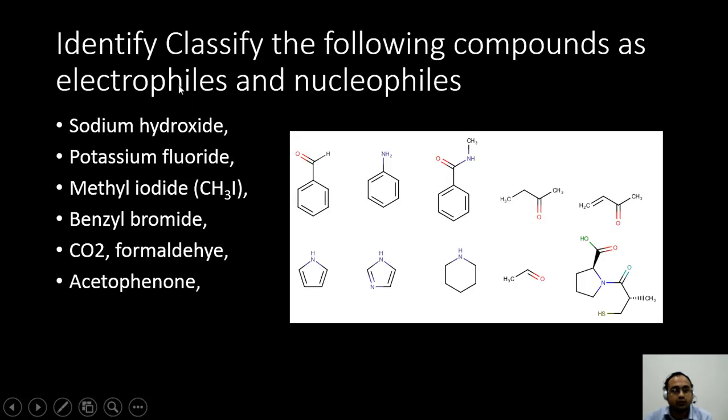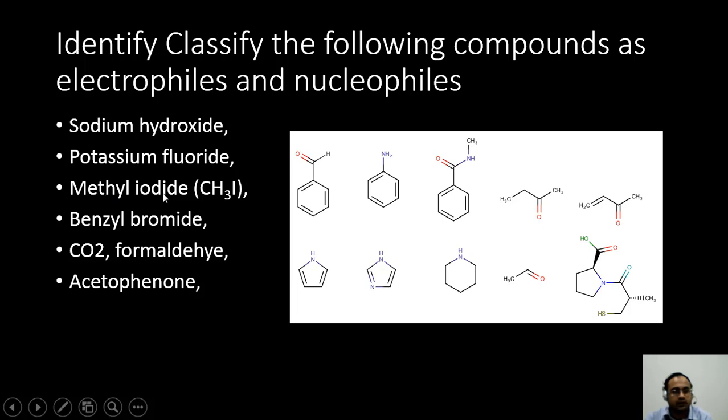Then can you identify the following compounds and classify them as either electrophiles or nucleophiles? Sodium hydroxide is a nucleophile. Potassium fluoride is a nucleophile because the fluorine atom, being small in size, has a larger share of negative charge on it and therefore it acts as a nucleophile.